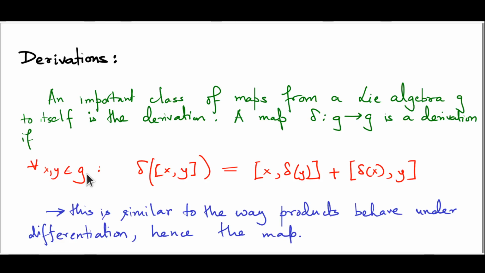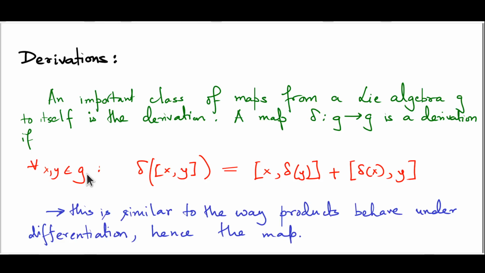Now, the reason why this is called a derivation should be very obvious. If you remember, the way in which the derivative acts on the product of functions is exactly this. You differentiate one function, leave the other intact, so that you add the result of the first function times the derivative of the second. This is exactly what is going on here.